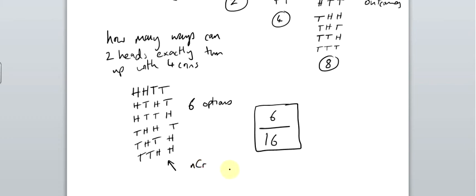If you wrote it down mathematically, you'd pronounce it n choose r. For this one, we would write down how many ways there are of choosing 2 items out of 4, because we've got 2 heads out of 4 coins, and that will give you the number 6. It'll tell you how many different ways there are.